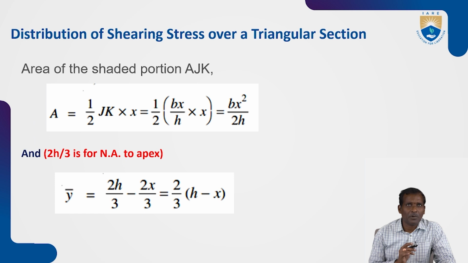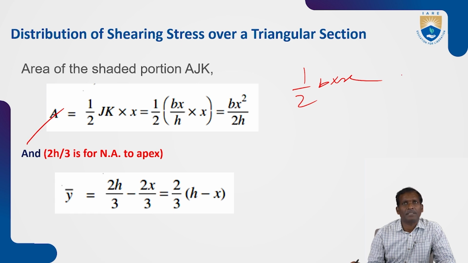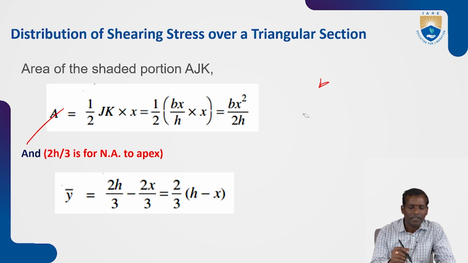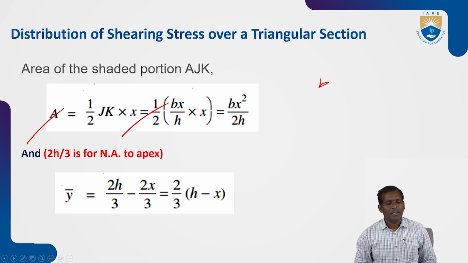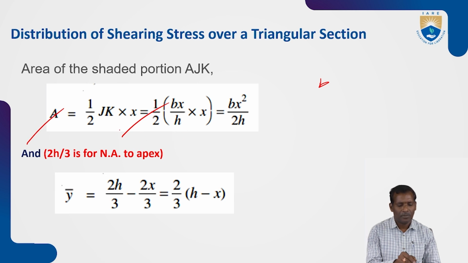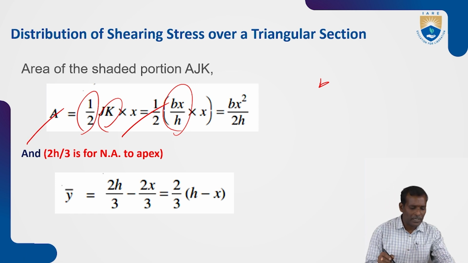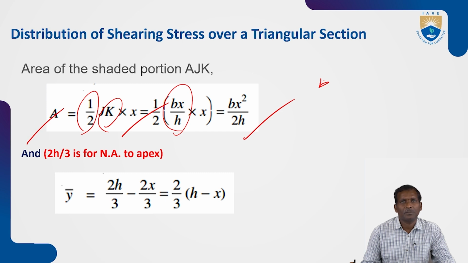So the area of the shaded portion AJK is equal to half into JK, that is width, into height, that is x. So JK you can write as Bx by H. Now the area of the shaded portion AJK will be Bx square by 2H.